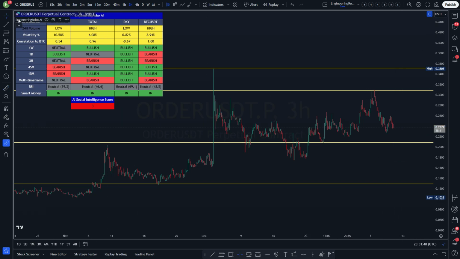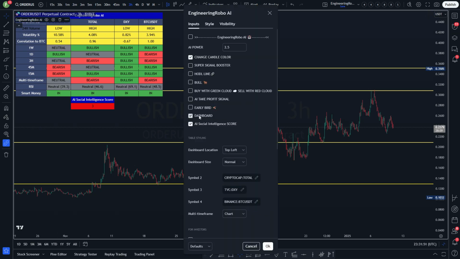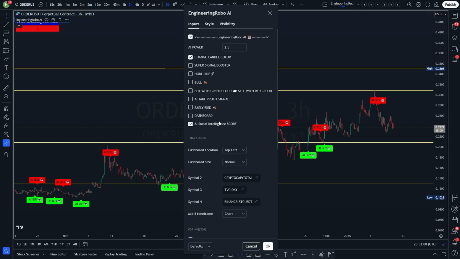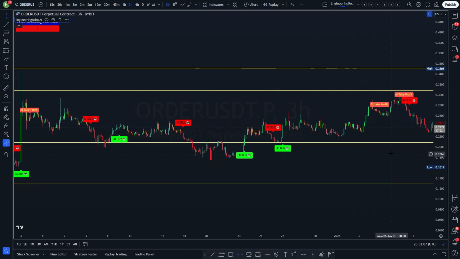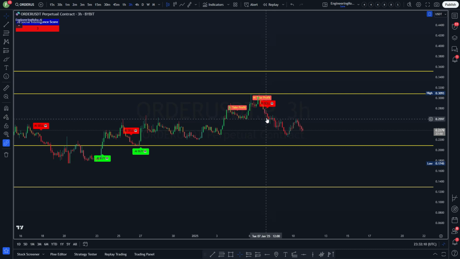Okay, let's continue with this time frame, and I would like to now switch on some of the flags, the indicators in terms of buy and sell signals. Let me switch that on. You can see that EngineeringRobo gave us a sell signal at the 25 and 70 cents mark.